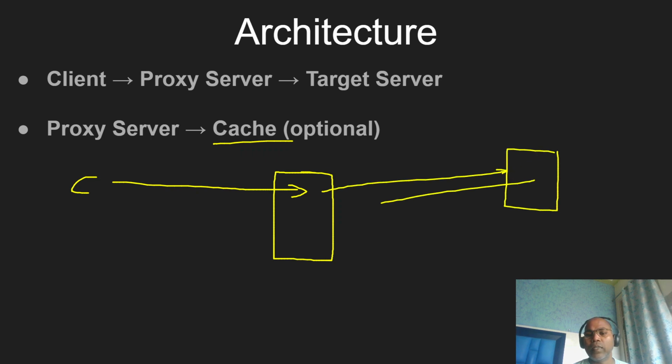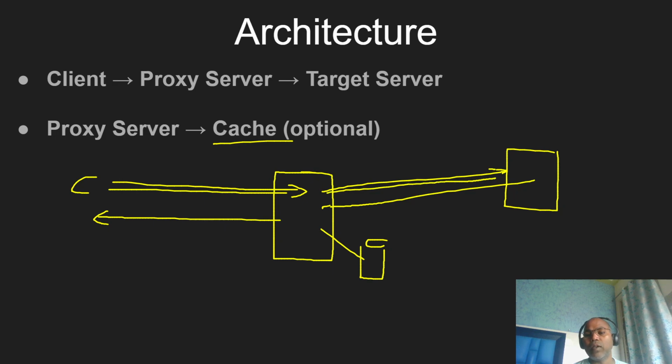The server gives the response, and this response returns to the client. Again, the client asks the same request. So here we can place another component. Instead of calling the original server, the proxy just checks our cache memory. If the data is available, it responds. In this way we can improve the performance.